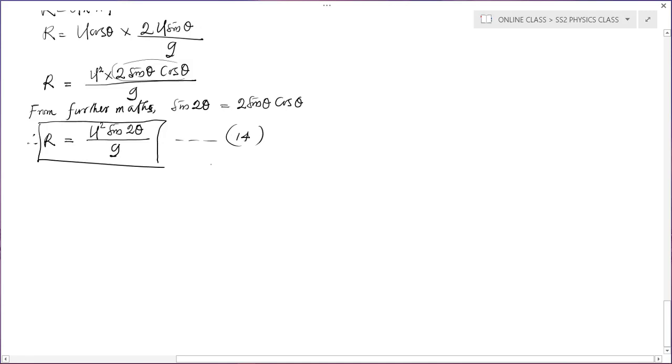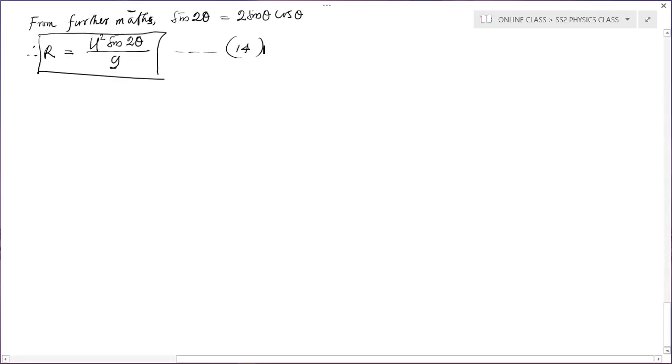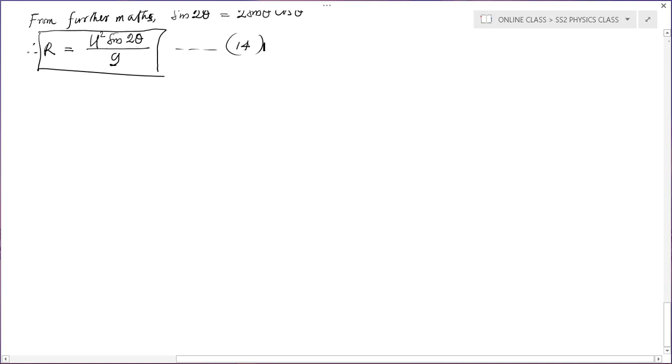Now, if you have half flight, it means it's not giving you full flight. It's either moving from the point of projection to the maximum height, or from maximum height to the ground level. We're talking about halfway, like this.